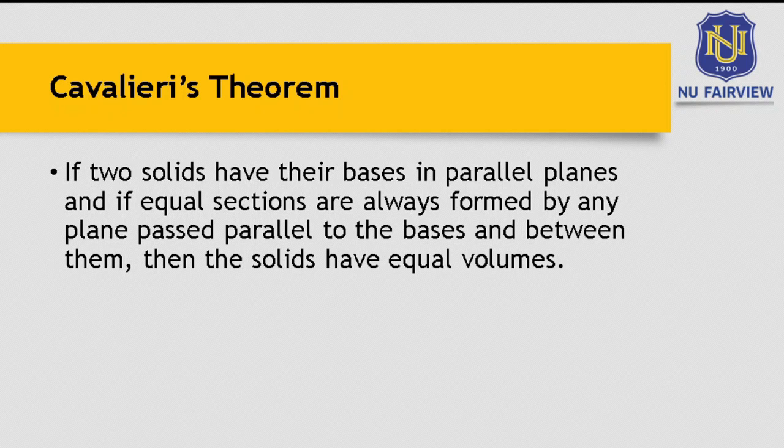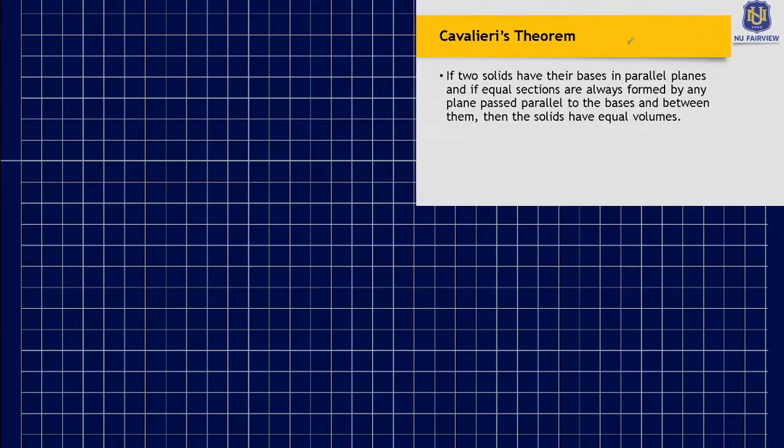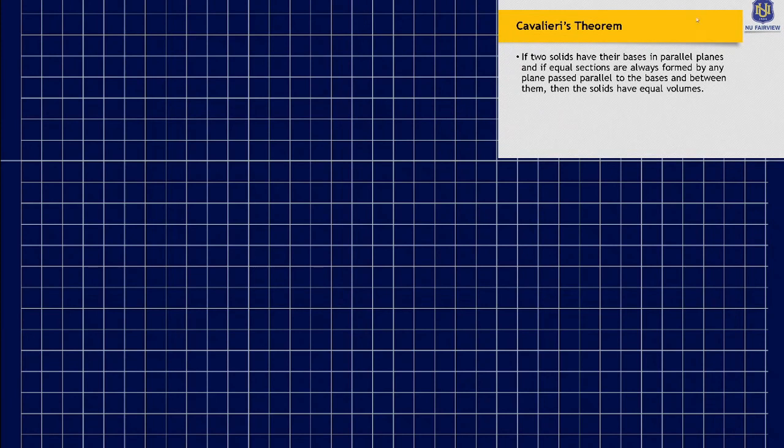So, paano ba natin i-illustrate siya? So, para siyang ganito ang itsura. So, let's move this, paliitin natin. So, sabi, for example, meron ka dyang rectangular. Diba sabi, parallel yung bases. So, sabi, kapag equal yung sections niya, ano nga ulit yung sections?